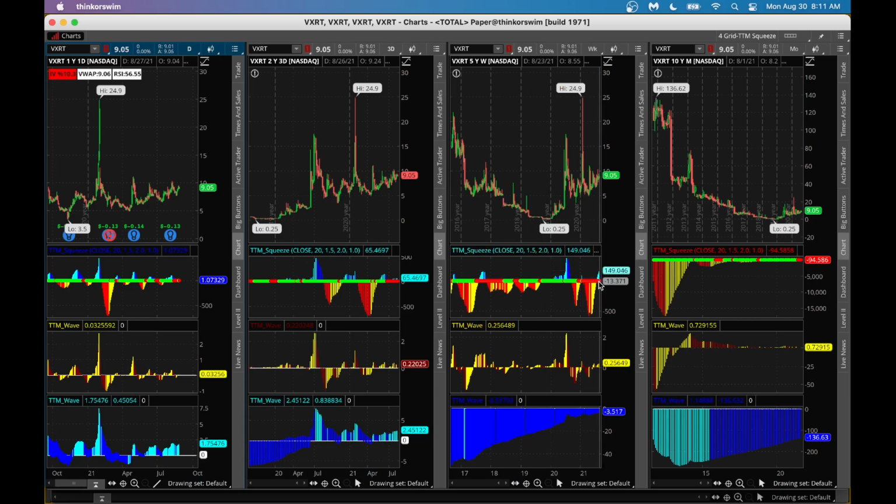We got a dot forming here. Tight compression of volatility. Bollinger Band is within the current channel. When that happened, the longer term C wave is trying to go up, as you can see here. Right now it's not above zero, but you can see the pattern here. It can go above zero anytime. And we also have a dot in the longer term weekly chart here.